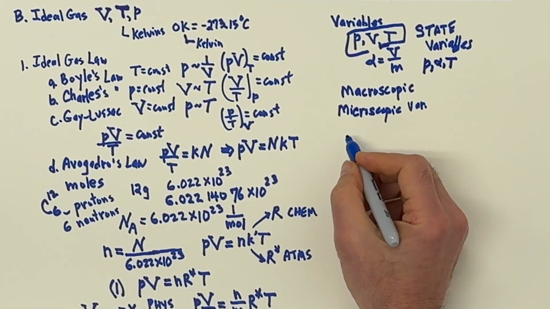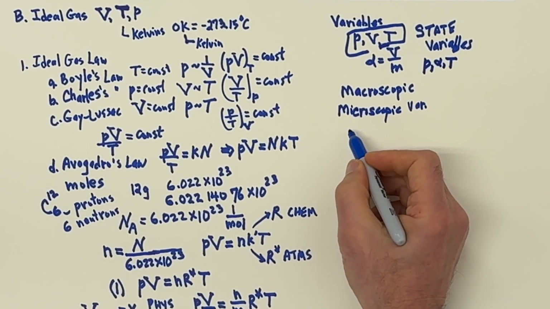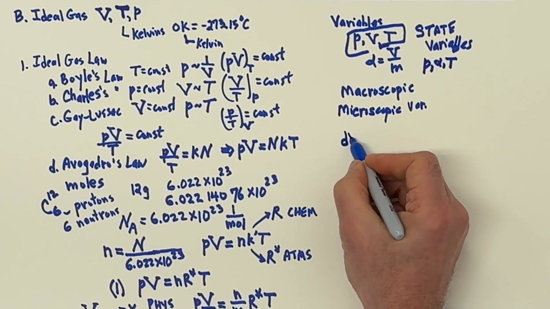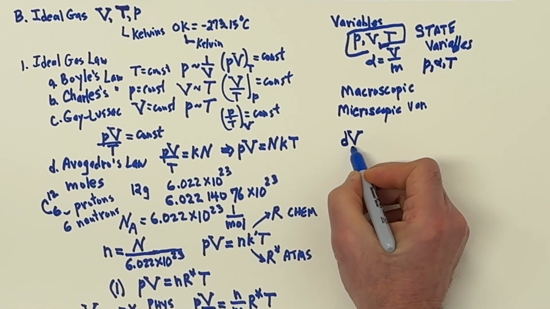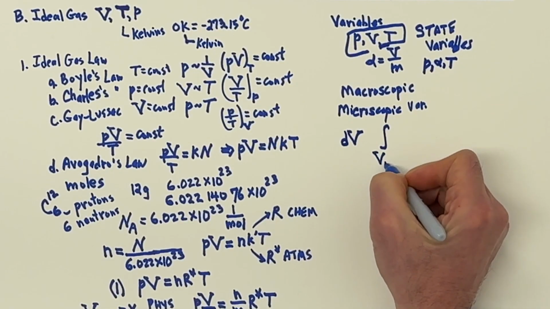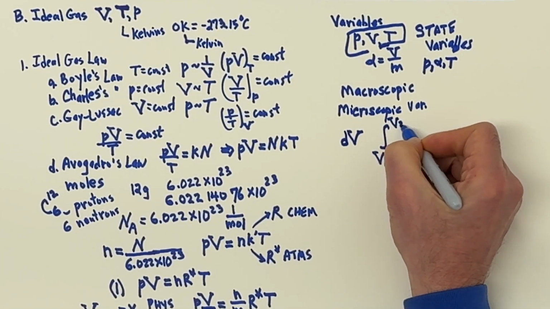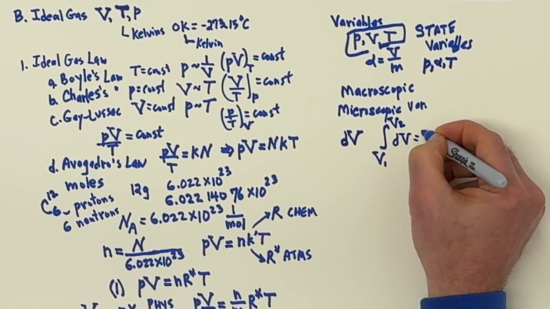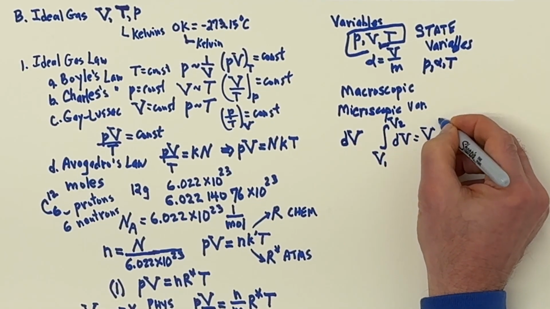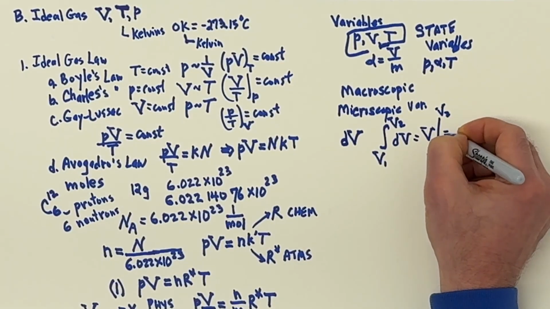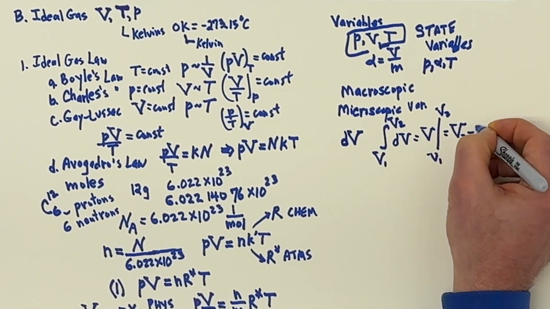So these are some definitions that we encounter in our course, but more important, I want to look at the state variable. If you have a state variable, then if we were to look at a small change in the volume, we would have dV. And if we were to do an integral from volume 1 to volume 2, say the gas is expanding, we would integrate dV, and that would be volume 2 minus volume 1.